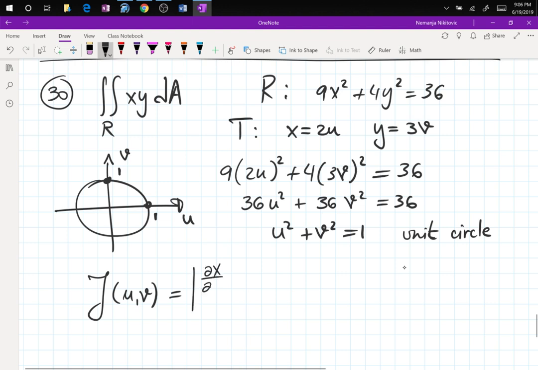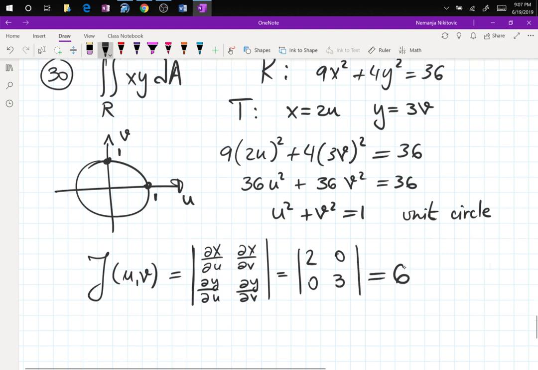Partial x, partial u, partial x, partial v, partial y, partial u, partial y, partial v. Hello, Jacobian. Partial x, partial u is 2. Partial x, partial v is 0. Partial y, partial u is 0. Partial y, partial v is 3. Jacobian is 6.